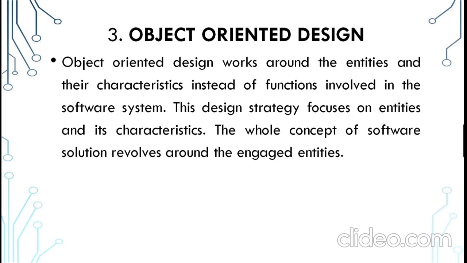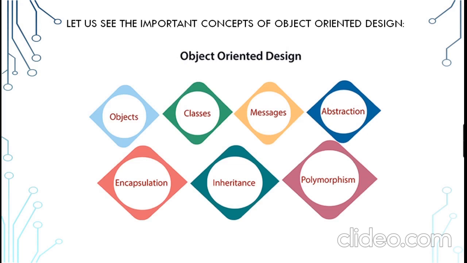The whole concept of the software solution revolves around the engaged entity and its characteristics. Now let us understand some of the important concepts of object-oriented design, like object, classes, message, abstraction, encapsulation, inheritance, and polymorphism.